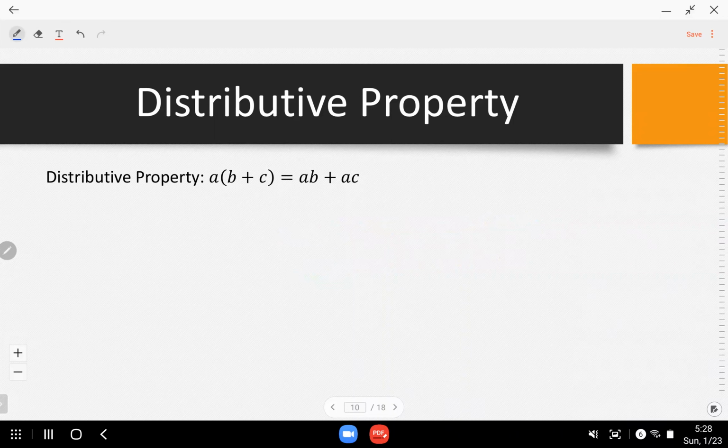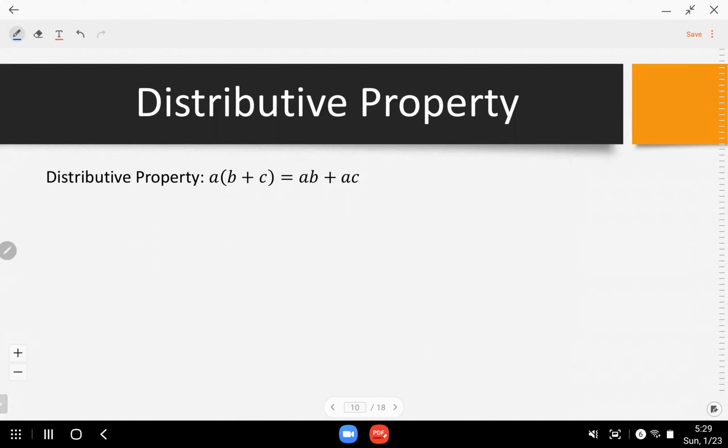So we have A, B, and C, three variables. They can be anything. B can actually be a variable. A can be a constant. C can be a constant. Doesn't matter. So when you have A multiplied by B plus C, or we say A times the quantity of B plus C, we get A times B plus A times C. So this is why it's called distributive property.